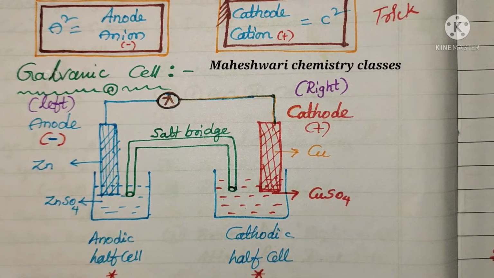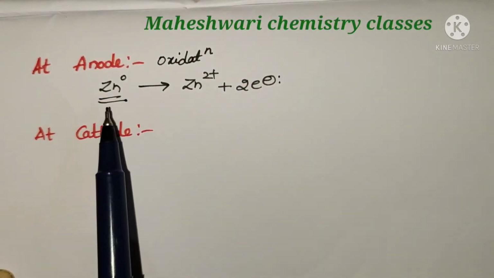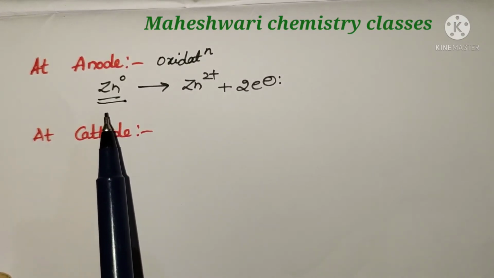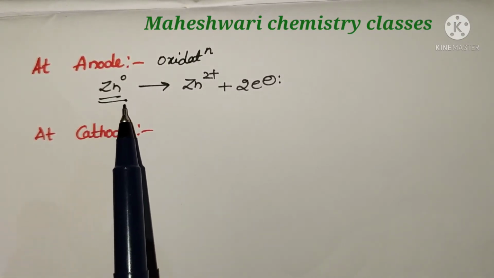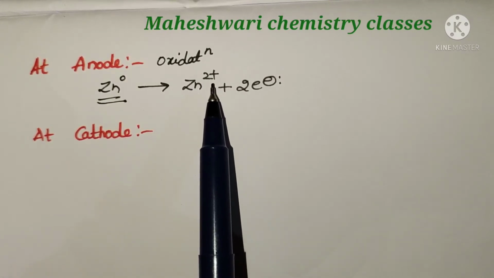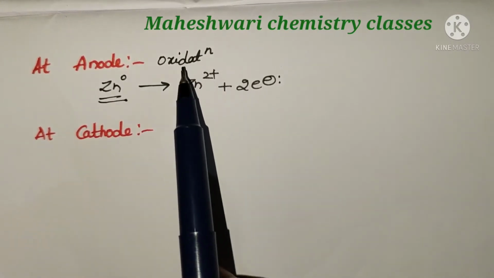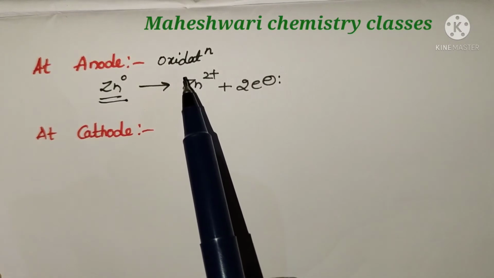Now based on this we have to write an electrochemical cell reaction. At the anode we have taken a zinc electrode. Zinc loses 2 electrons, it gets Zn2+, and it releases 2 electrons. Loss of electrons is nothing but oxidation, right?